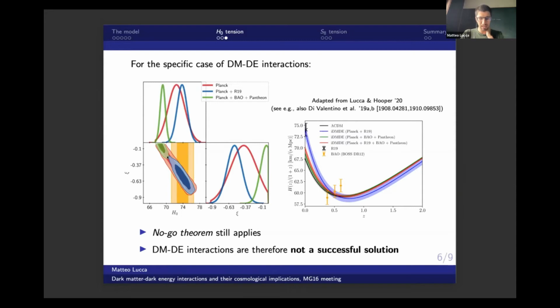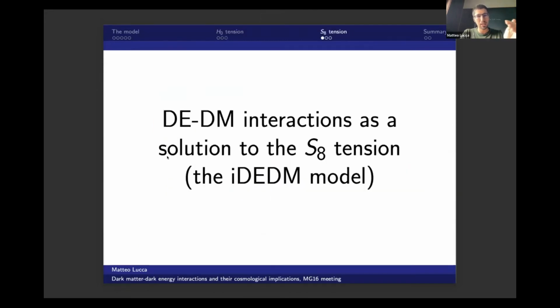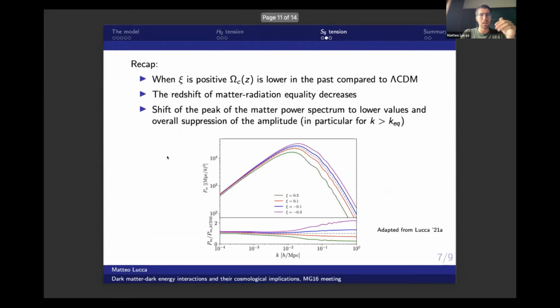And moving on instead to the possibility that xi is positive, where the energy density goes from the dark energy to the dark matter. Just to recap, the idea is that you lower the dark matter energy density in the past, so you decrease the value of the redshift of matter radiation equality and the corresponding peak of the matter power spectrum, which is related to the scale of matter radiation equality.